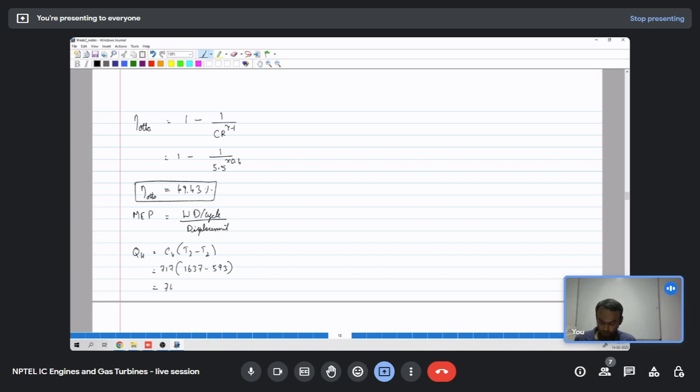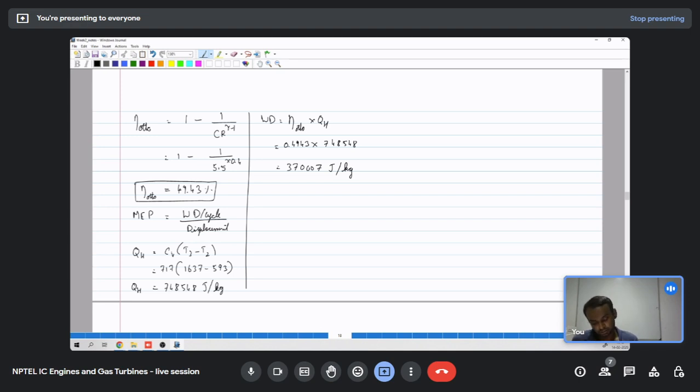So we have 748,548 joules per kg. That means work done will be cycle efficiency into QH, which is 0.4943 into 748,548. So we have 370,007 joules per kg.